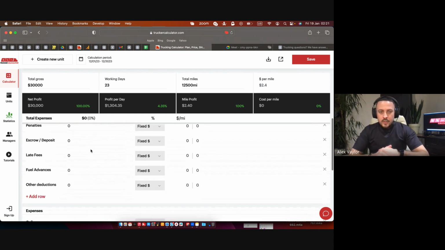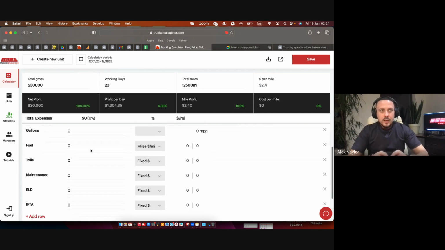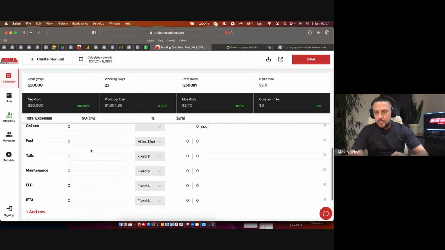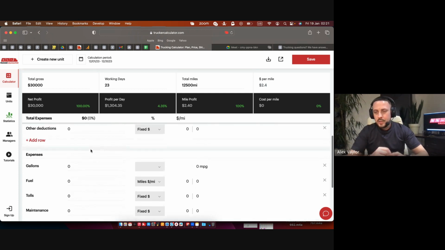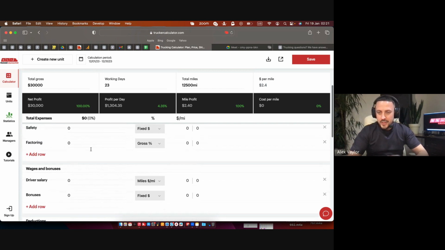Right. If you have no changes on the fixed expenses, nothing changed. Maybe if you work for 1 or 2 years, after 2 years your insurance becomes cheaper. Then in this case, again, you might recalculate the rate per mile. Also, when the market for drivers changes, for example, when the market goes up, you have to pay the drivers more if you want to keep them in the company, because the salaries go up as well.